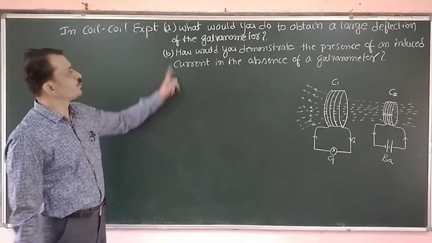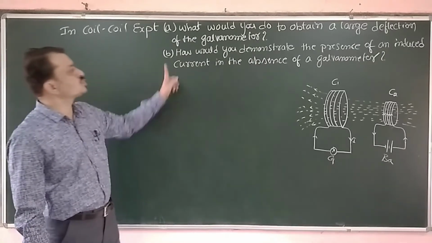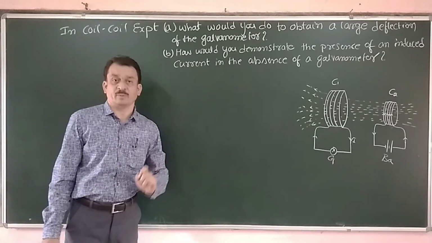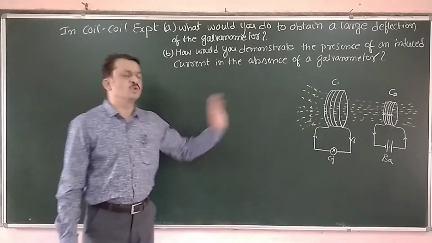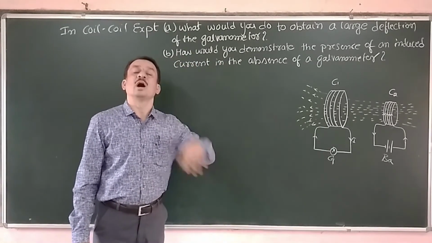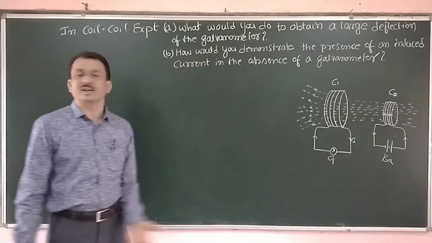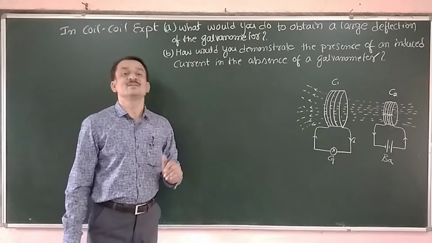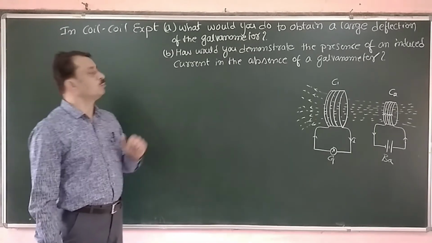That is the first part. And how would you demonstrate the presence of an induced current in the absence of the galvanometer? Now here we have a galvanometer. If I remove the galvanometer, then how would you show that there is an induced EMF or current flowing in that coil C1? Those are the two things that we are going to learn.